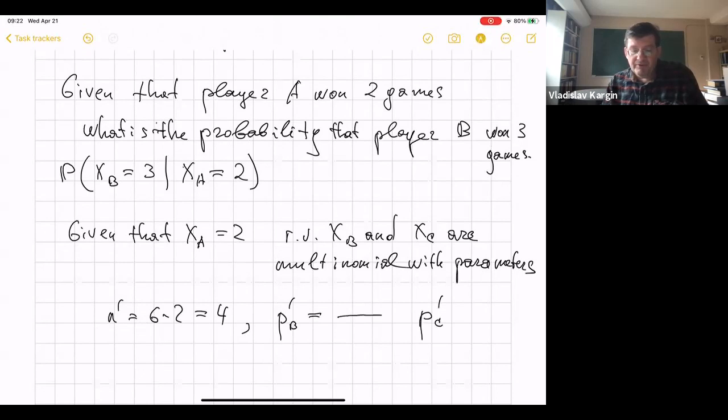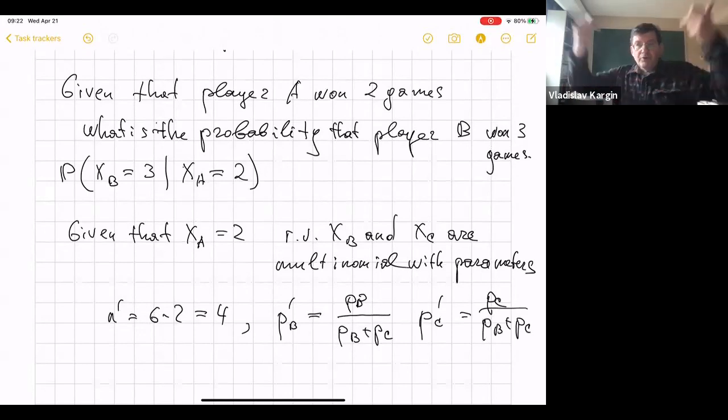You know that this is equal to P_B divided by P_B plus P_C, and this is equal to P_C divided by P_B plus P_C.